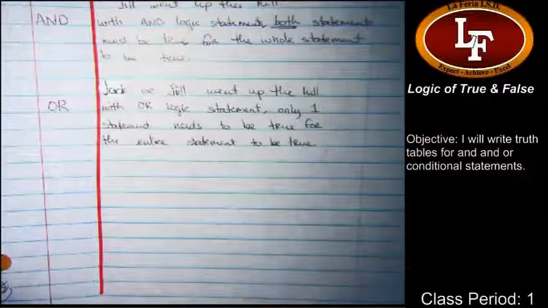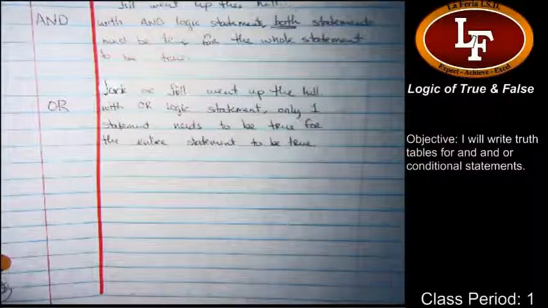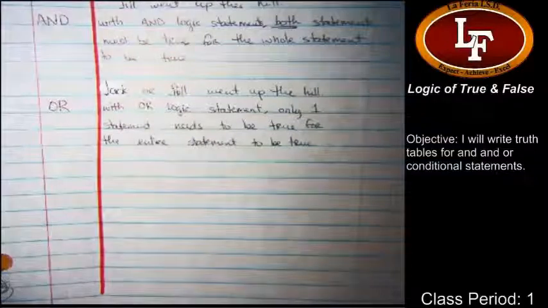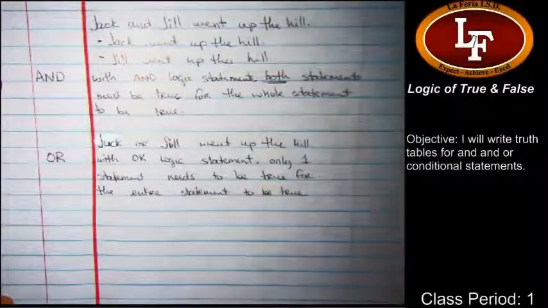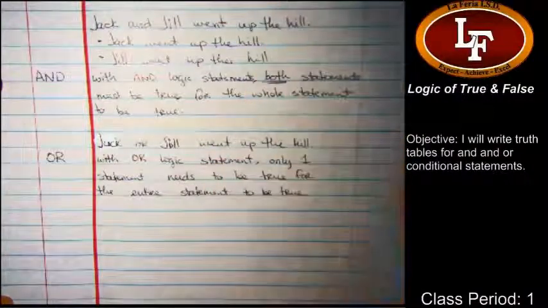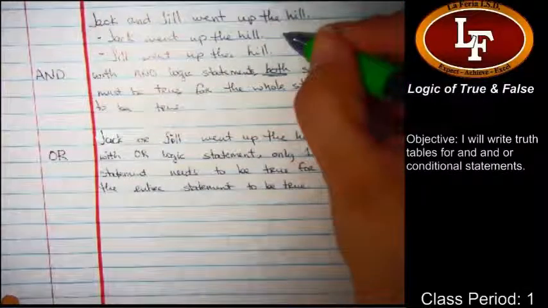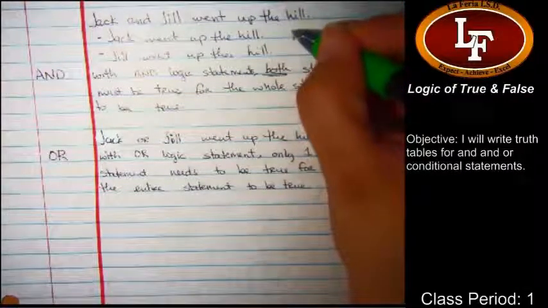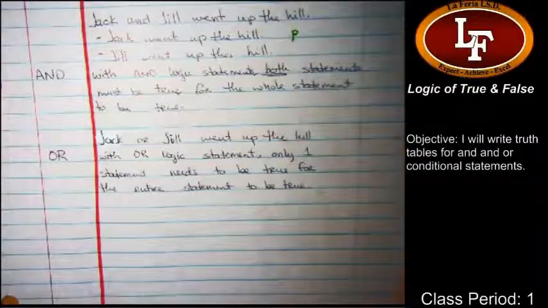And now we're going to go to what he talked about, truth table. Okay, you ready to set the table with me? All right, so I'm going to generalize it. So up here, we had Jack went up the hill and Jill went up the hill. With me so far? I'm going to replace this statement, Jack went up the hill, with the letter P. So now that's any statement.